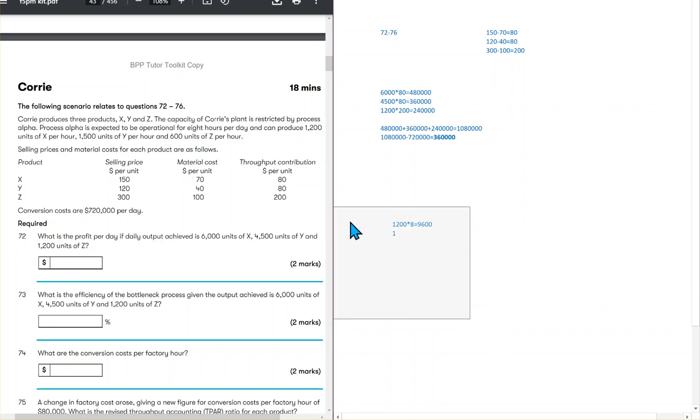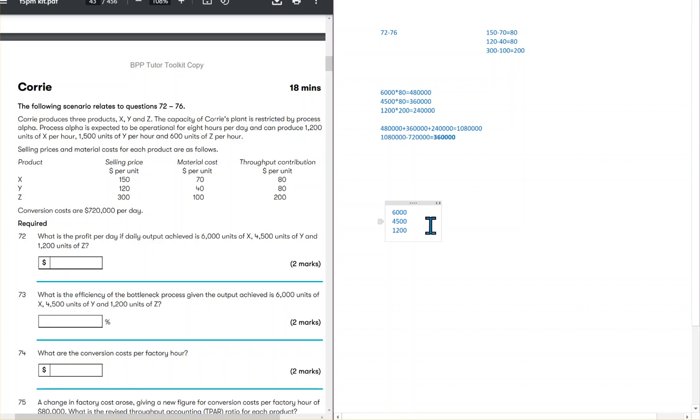So what I will do, I will just look at the output, which is 6,000 units and 4,500 units and 1,200 units. Remember, all 3 units cannot be produced at the same time, I assume. But information is not very clear here. But I will assume that they are produced separately.